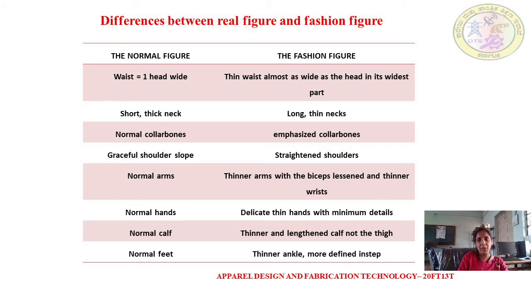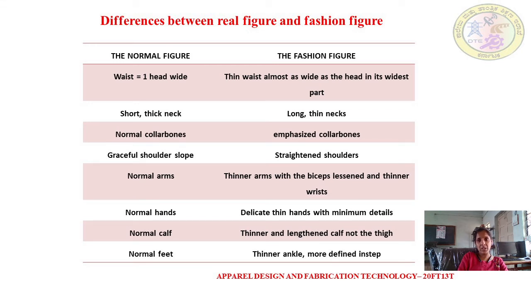The neck will be long and thin enough so that unique attention will be paid at the waist and then the neck area. If they wear jewelry, they seem very attractive. And shoulders are straightened shoulders. Only as much slope as is required at the shoulder area, that much perfect slope will be there.